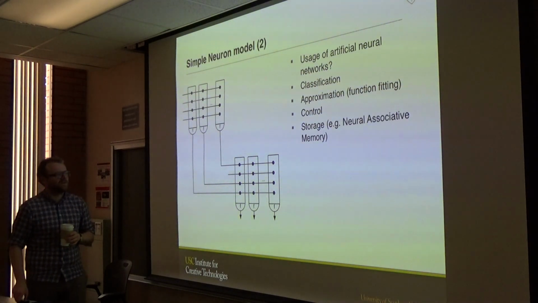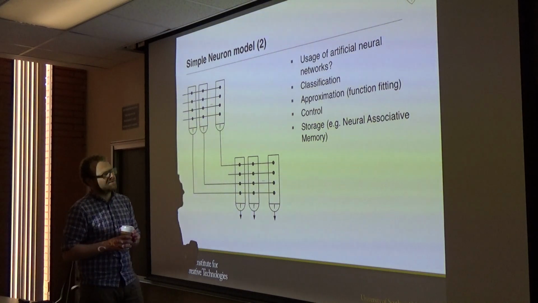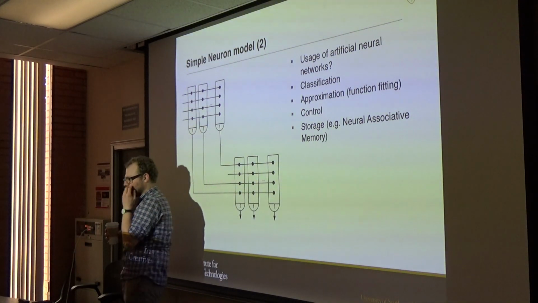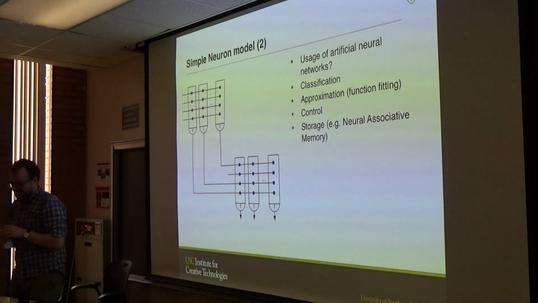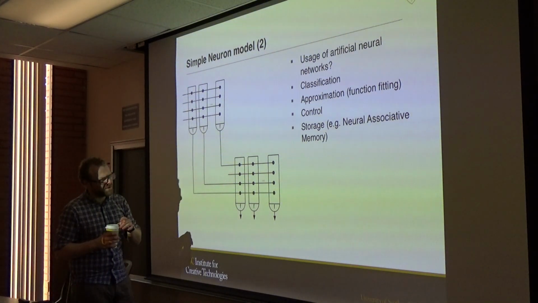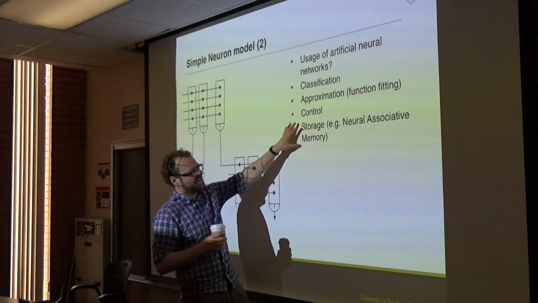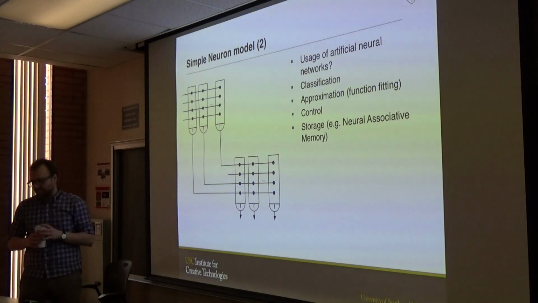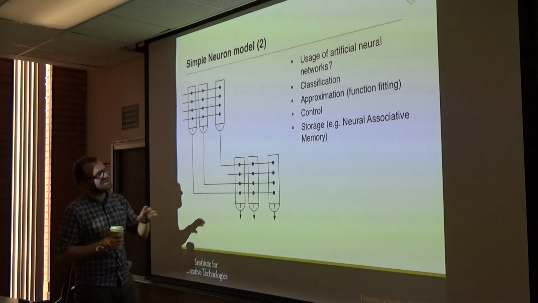Then also, I don't think we're going to talk about this too much, but you can use neural networks to also store information, and there are neural networks called neural associative memories, which are kind of my PhD supervisor's claim to fame.